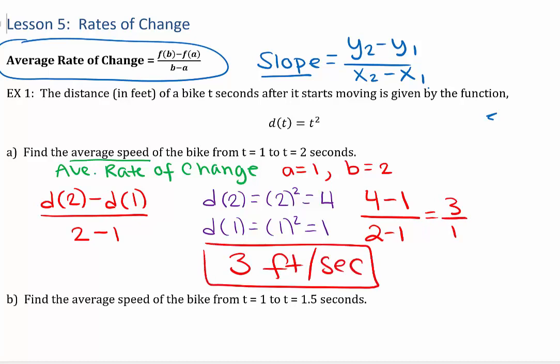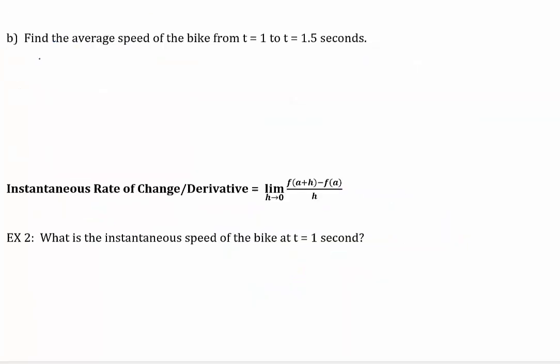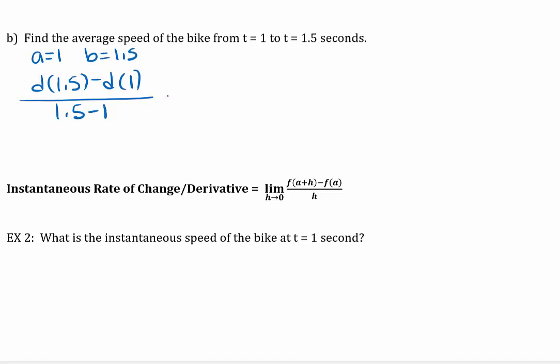Now this is giving me an average speed from 1 to 2 seconds, but what if I want to know what was the speed from 1 to only 1.5 seconds? So let's do the exact same thing, but now my a is 1 and my b is 1.5. So I'm going to take a change in y divided by a change in x, and d of 1.5, or 1.5 squared, should be 2.25.